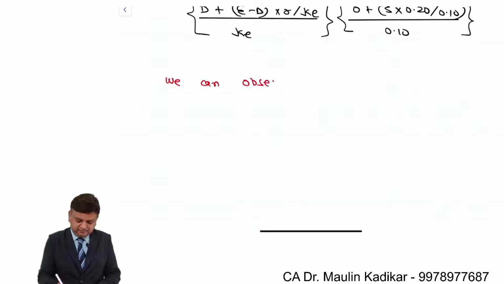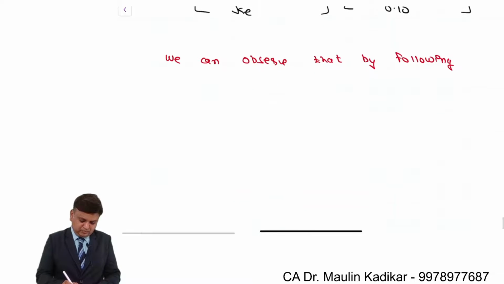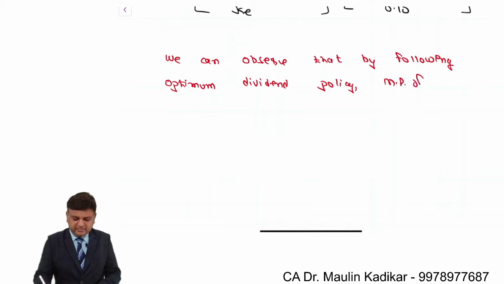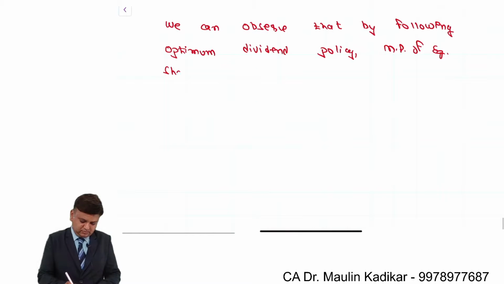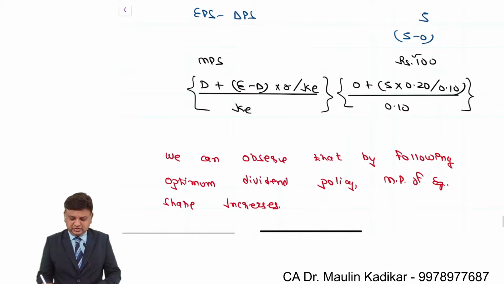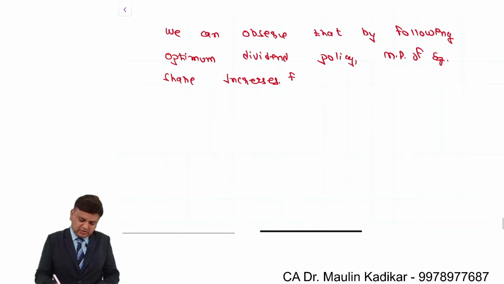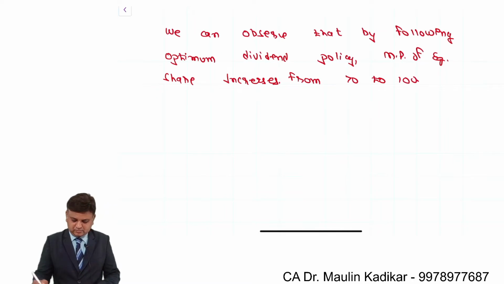We can observe that by following the optimum dividend policy, the market price of equity share increases from 70 to 100. This is what we understand.